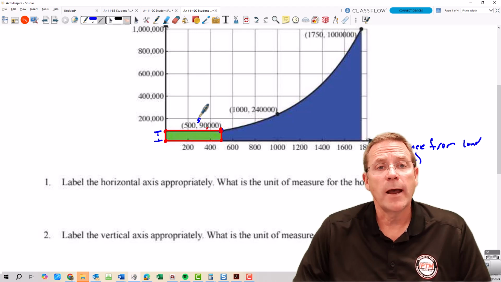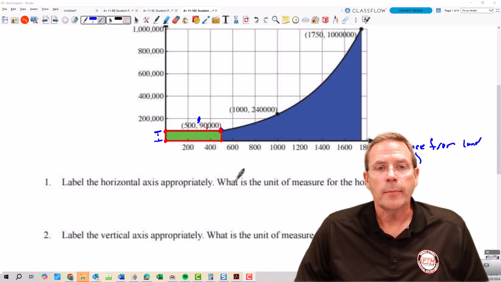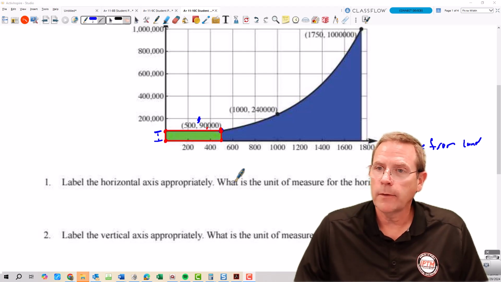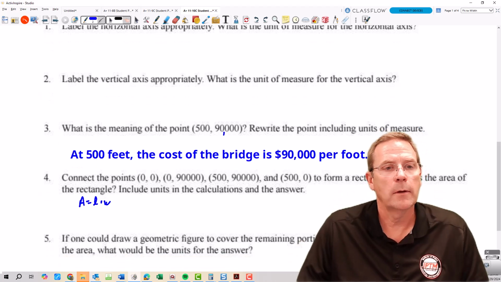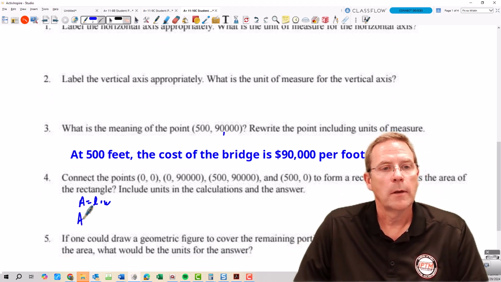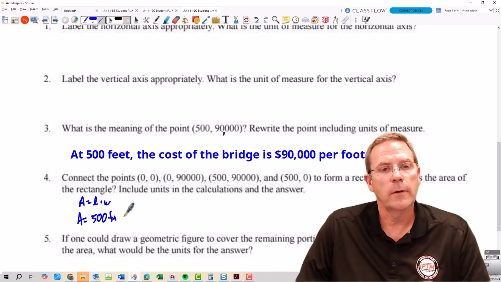But remember, that is dollars, where the other one is going to be feet. So I'm going to write this down as my length is going to be 500 feet, and my width is going to be $90,000.